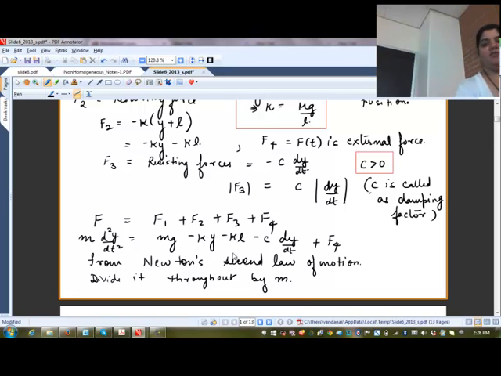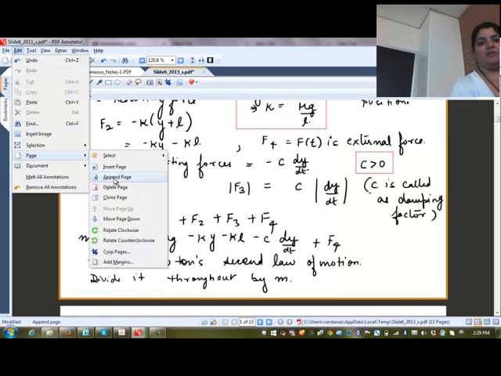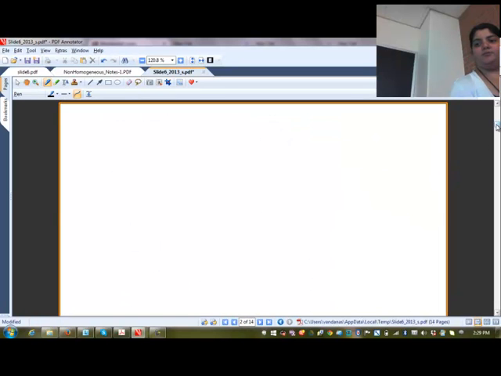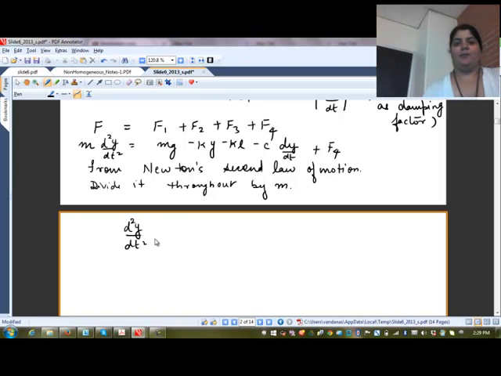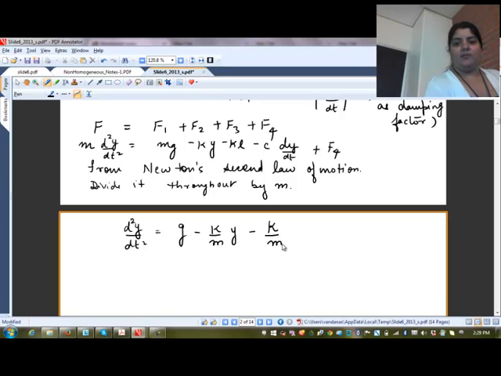Mass is non-zero, so we can divide it. You have to be careful whenever we are dividing. We should not try to divide something by 0. Okay, so that means d2y over dt squared is nothing but g minus k over m y minus k over m l minus c over m dy over dt plus f(t) over m.